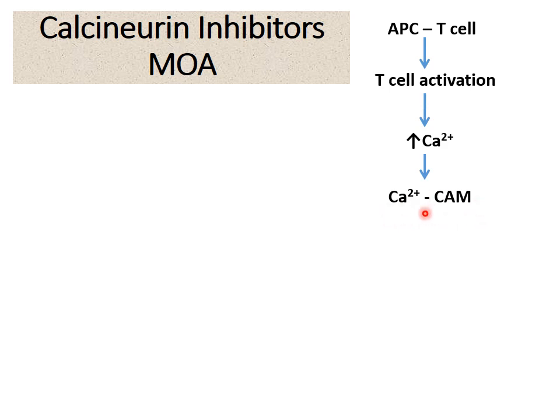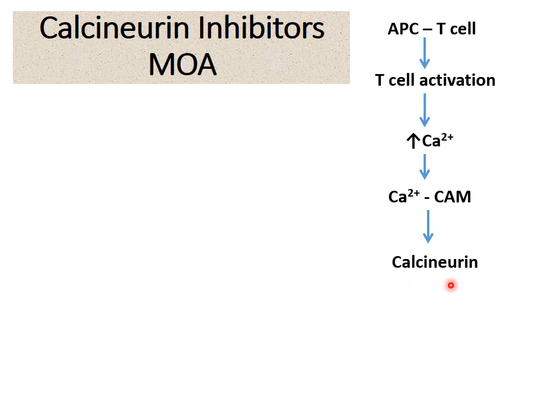This complex will bind with calcineurin, and this calcineurin has phosphatase activity, which dephosphorylates NFAT, the nuclear factor of activated T cell, and permits the entry of NFAT into the nucleus. This NFAT is responsible for the gene transcription of interleukin 2.